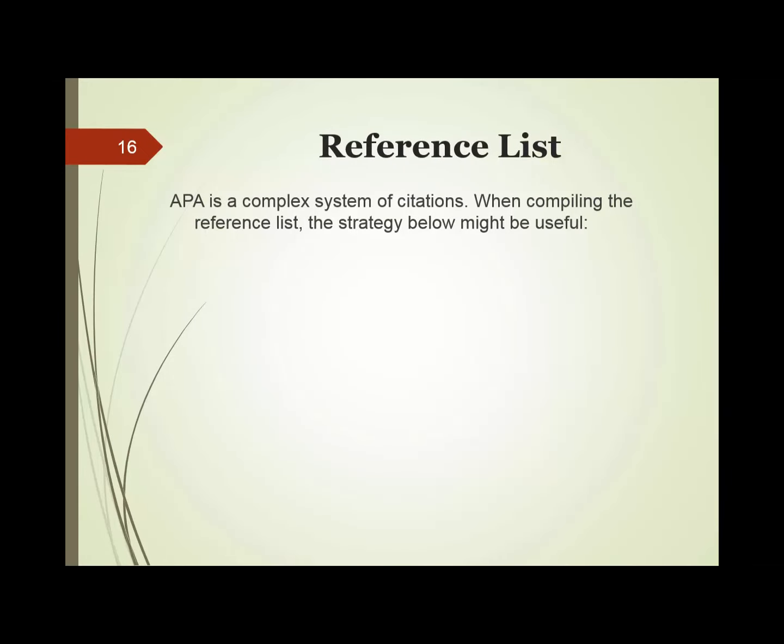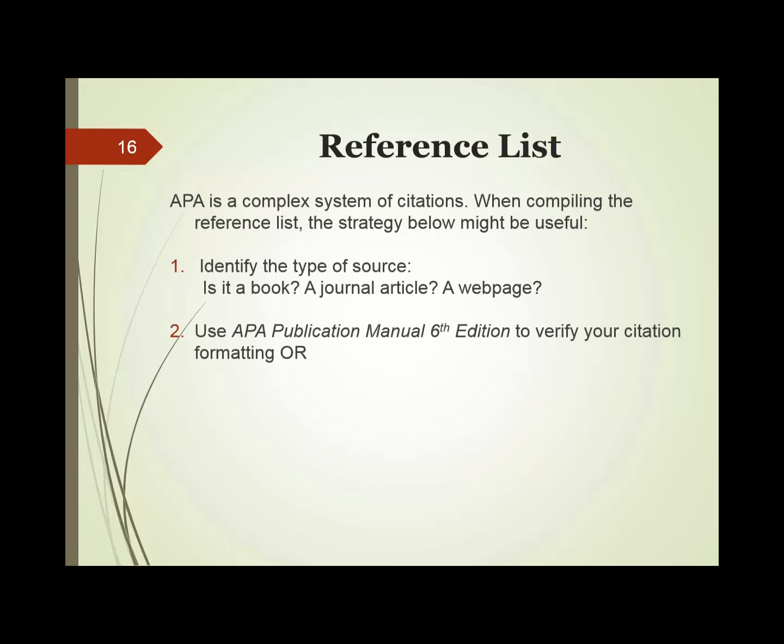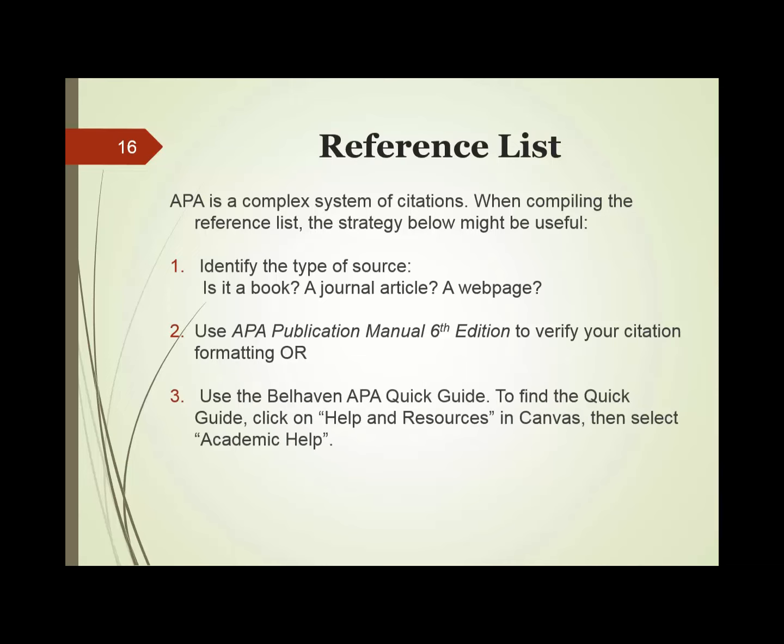Now a reference list. APA is a complex system of citations. When you compile a reference list, here's a strategy that you might find useful. First, identify the type of source. Is it a book, a journal article, a web page? Use the APA Publication Manual 6th edition to verify your formatting, or as a help, Belhaven has created a quick guide.